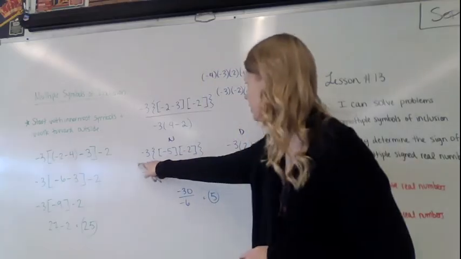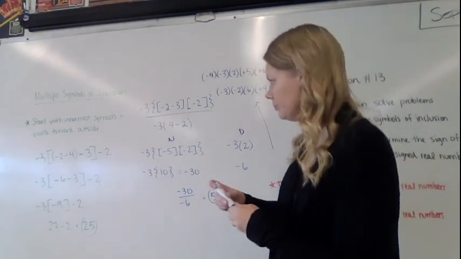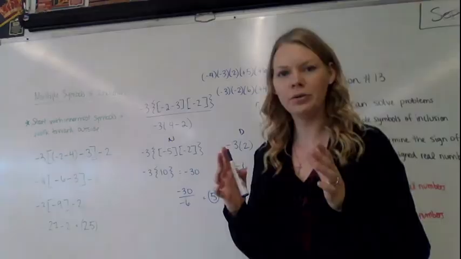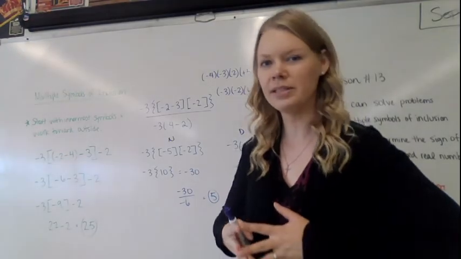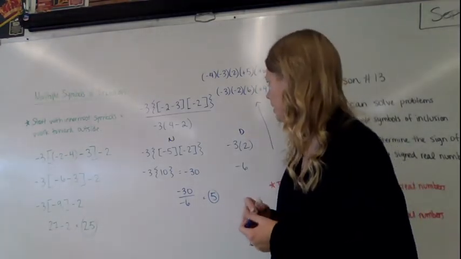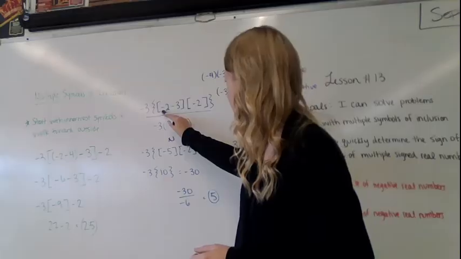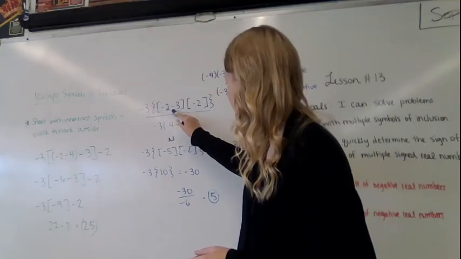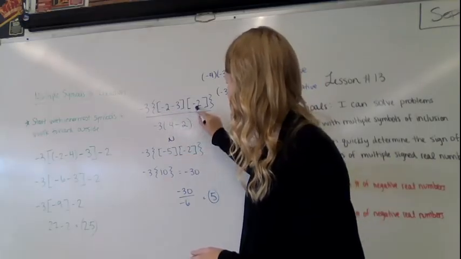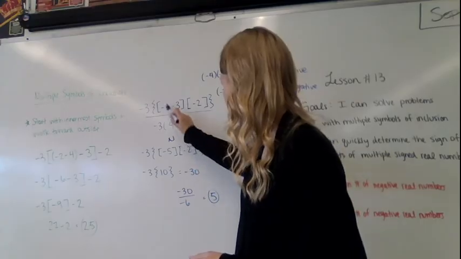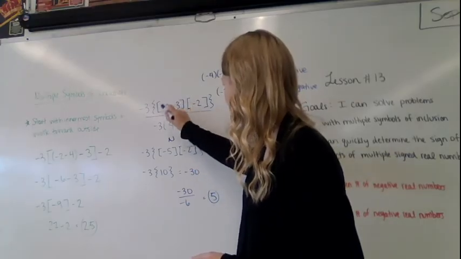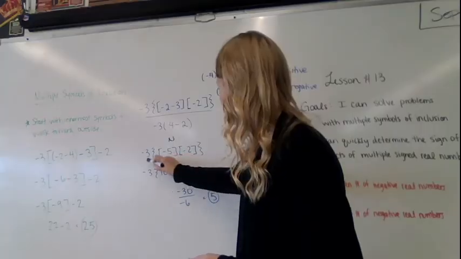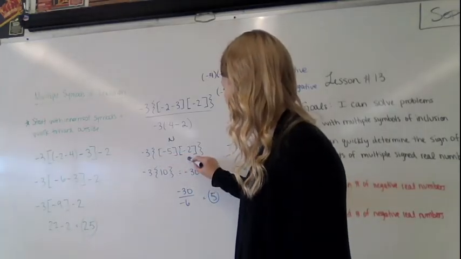So starting with the numerator, I'm going to find the innermost symbols of inclusion and solve what is inside those first. And so I see here -2 minus 3, which is -5, and then there's nothing to simplify there. So I'm just going to solve what's inside here and copy everything else exactly.